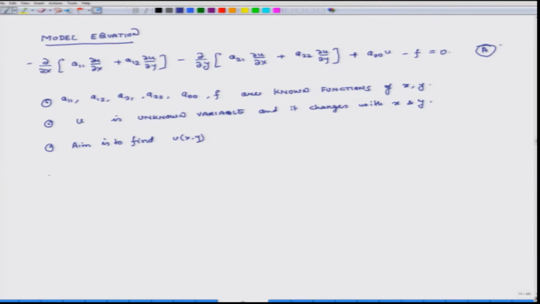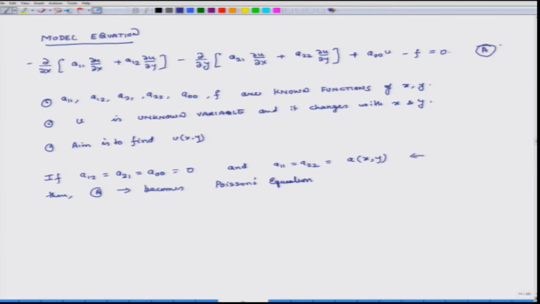Now here, if a12 is equal to a21 is equal to a00 and this is equal to 0, and a11 is equal to a22 is equal to some function a of x and y, then if we put all this, A becomes Poisson's equation, right.